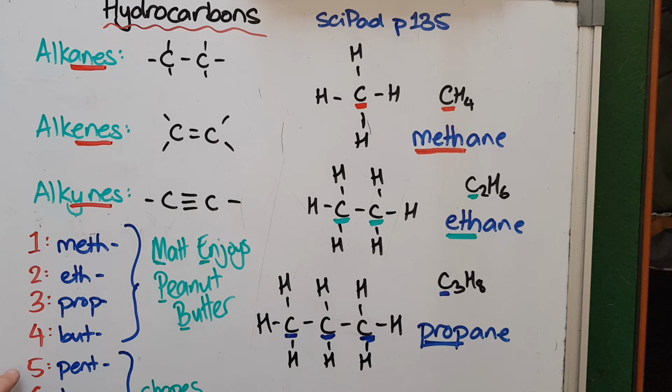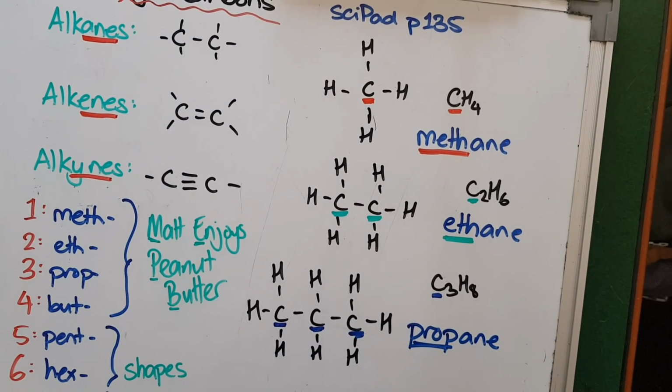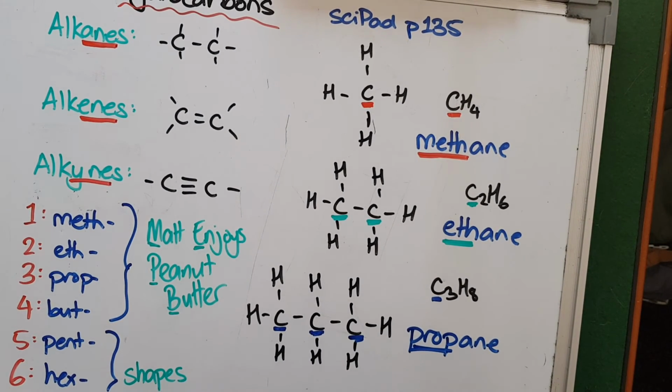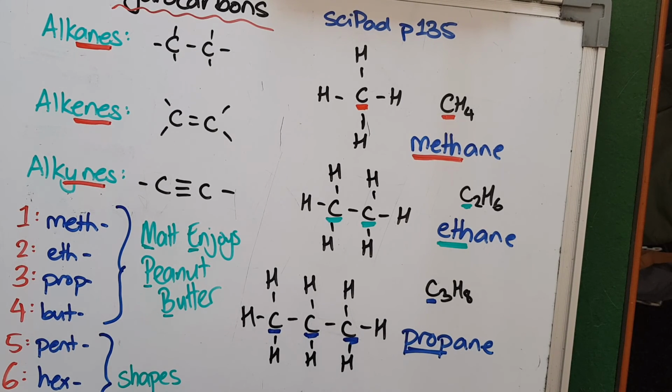After 4 it gets easy because they're just the same prefixes as the shapes. So pent, hex, 7 would be hept, 8 is oct, 9 is non, like a nonagon is a 9-sided shape, a hexagon is a 6-sided shape, that sort of thing.